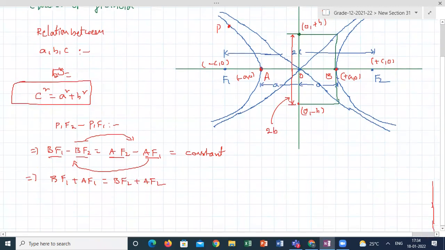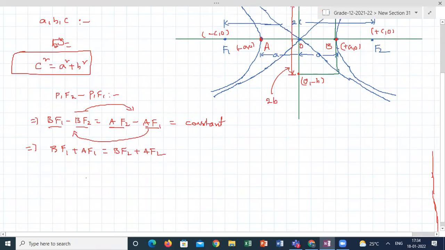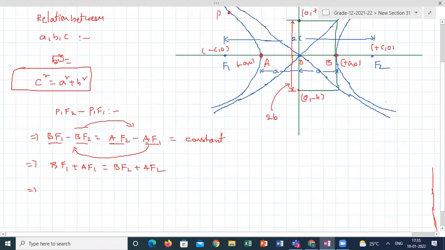How can we write this? BF1 means from here to here. See here, this is BF1, and BF2 is this.